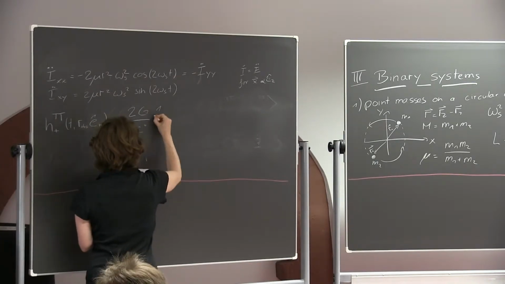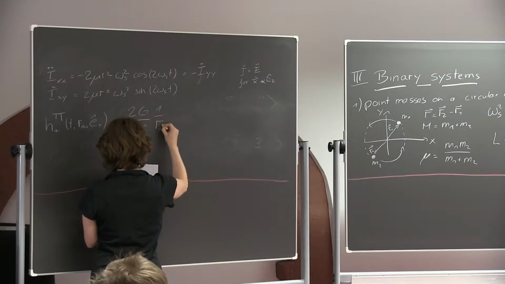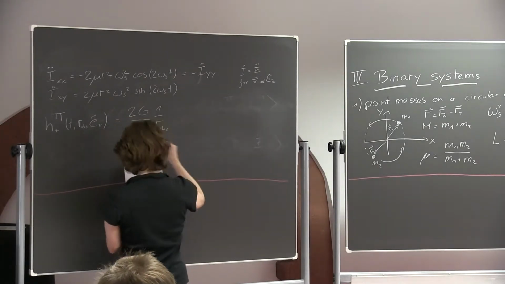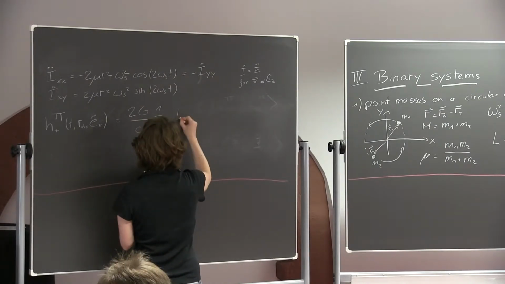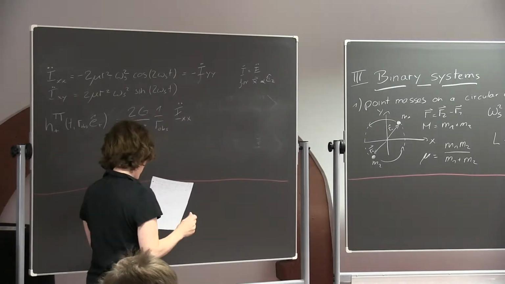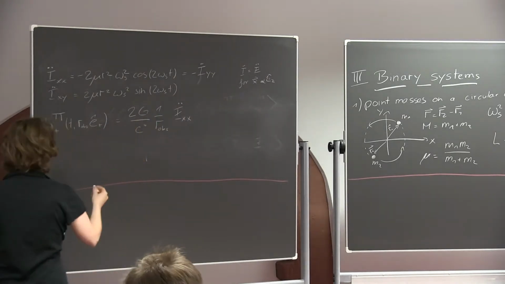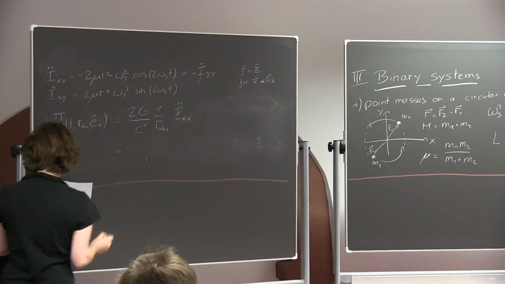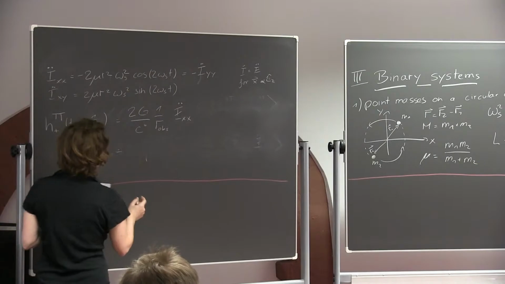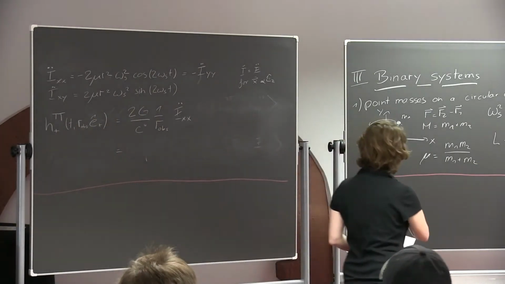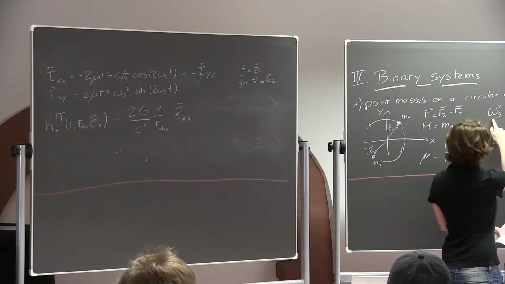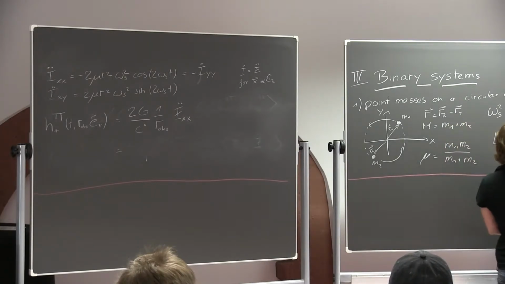So this is essentially the formula I just erased. And here, because we're looking at the plus, all we need is the I slash xx double prime. Now we just insert. We want to express everything in these coordinates, so we want to keep the Kepler frequency and the chirp mass.